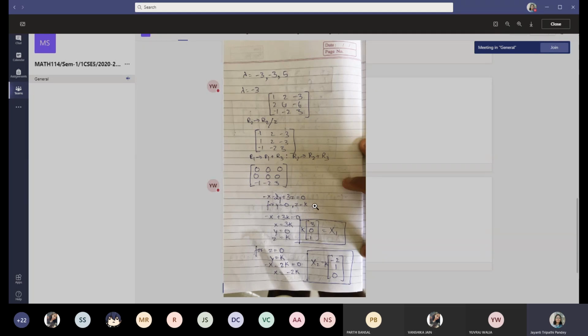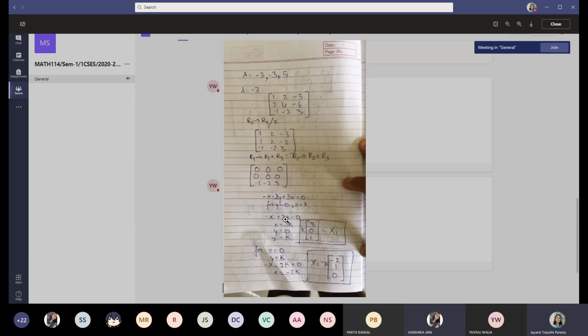Like here he has chosen y as 0 and z as k. So he has chosen y and z and he is getting two distinct answers, right? If I choose y as 0 and x as k or 3k, then obviously the answer will be different. Are you getting it?